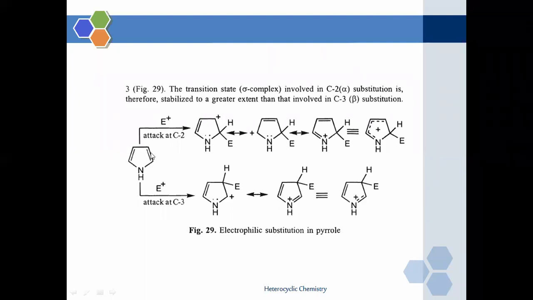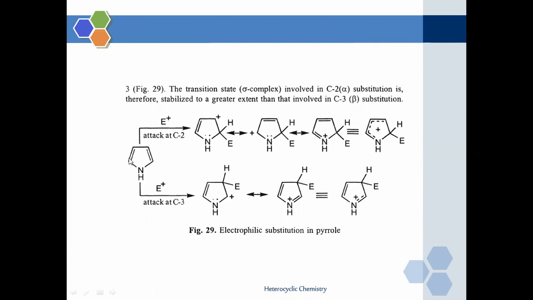See, electron releasing functional group जर carbon number second ला substituent असेल, then the substitution will happen at carbon number 5 position. But if we are going to substitute electron withdrawing functionalities at carbon number 2, then the substitution will happen at both positions, carbon number 4 and carbon number 5.